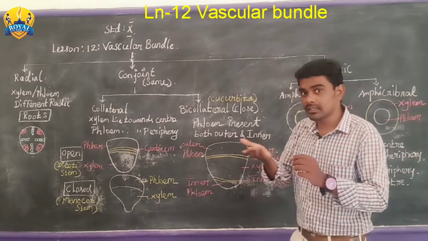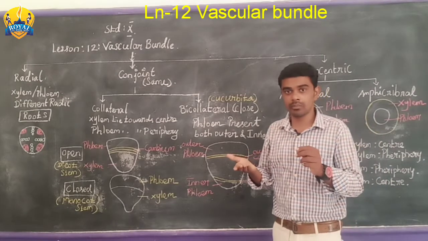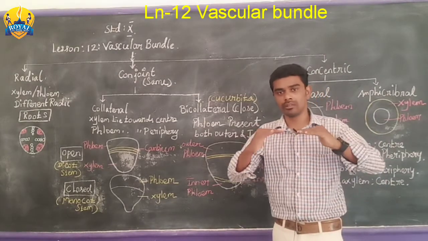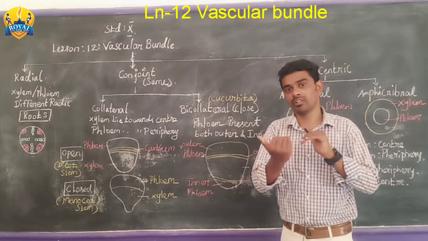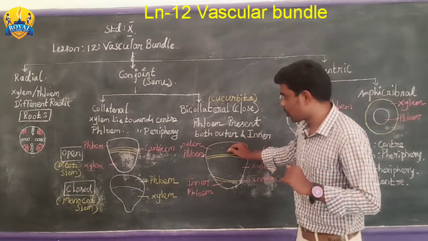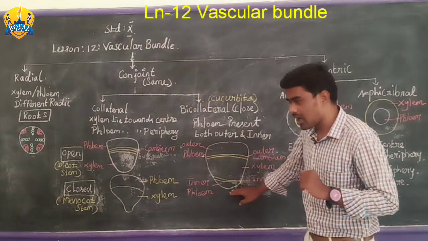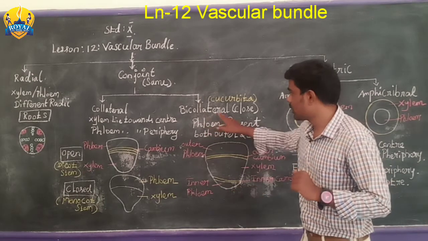When we take a cross section of that stem or root, the vascular bundles are arranged, we know very well, with outer phloem and inner phloem present. That is a bicollateral arrangement.